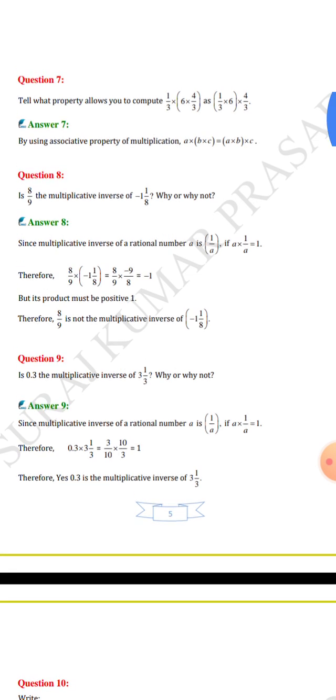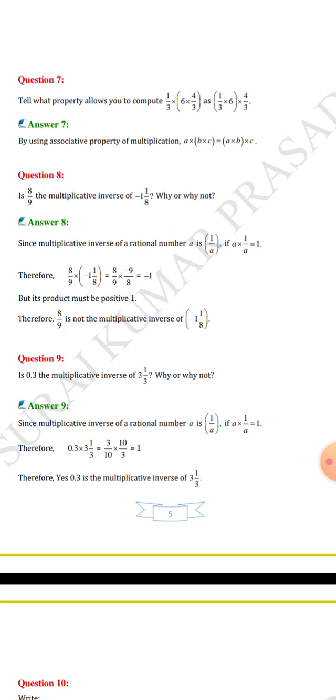8 into 1, 8. Minus 8 minus 1 is equal to minus 9. Then we can write 8 by 9 into minus 9 by 8 is equal to minus 1.